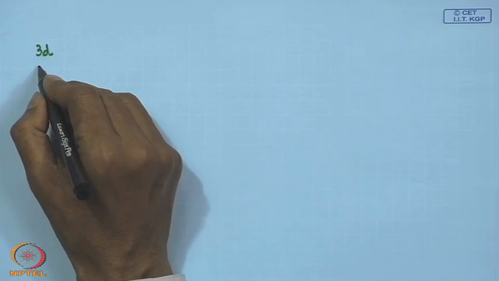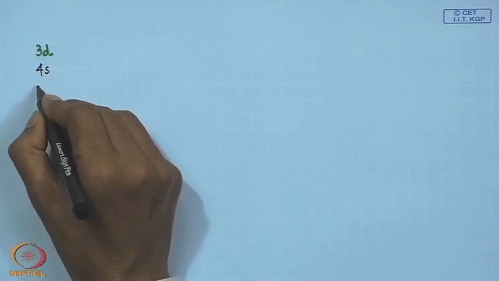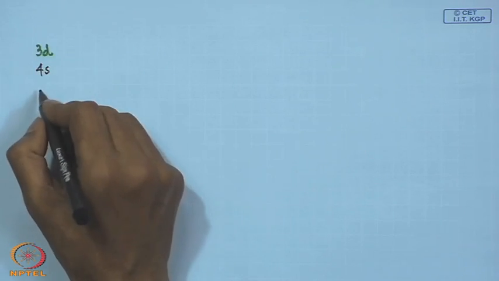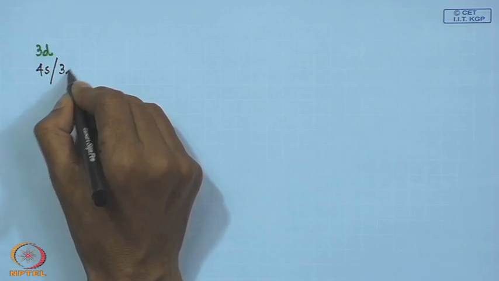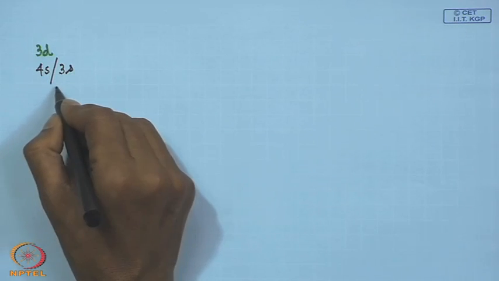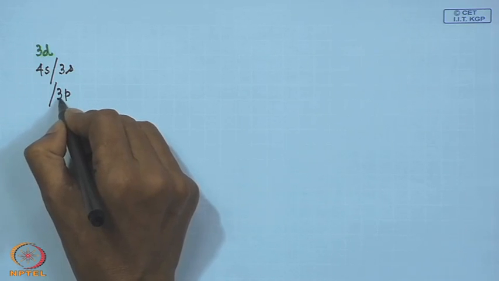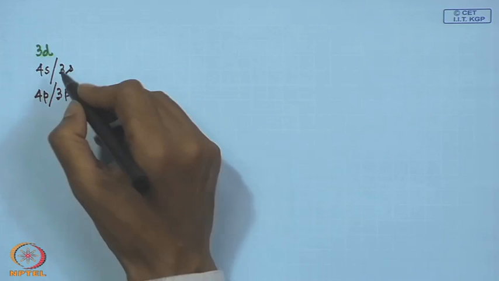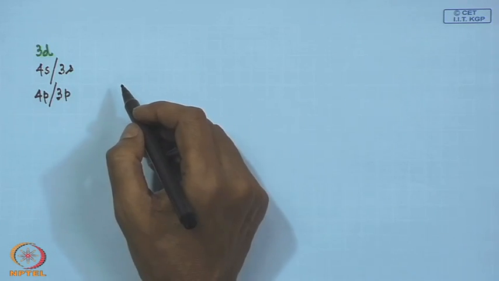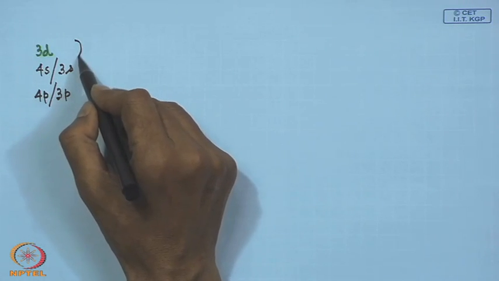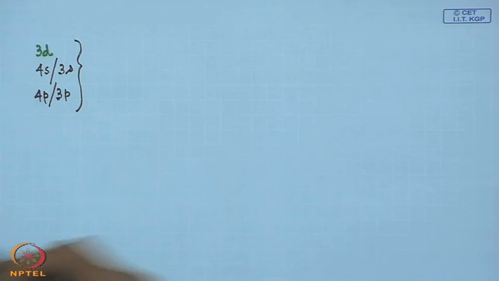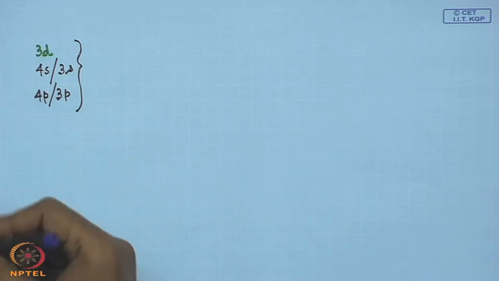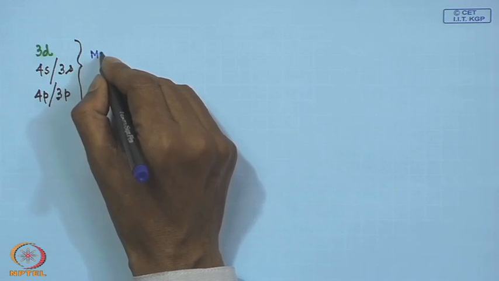Now, along with these 3d orbitals, we should have the other orbitals, that means the 4s orbital, or in some cases the 3s orbital or 3p orbital or 4p orbital, depending upon the energy of these orbitals and their availability for the system. These orbitals can give us the corresponding molecular orbitals from the metal ion side.